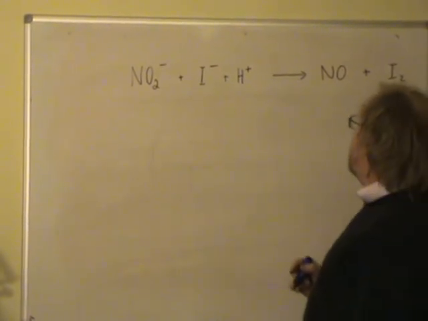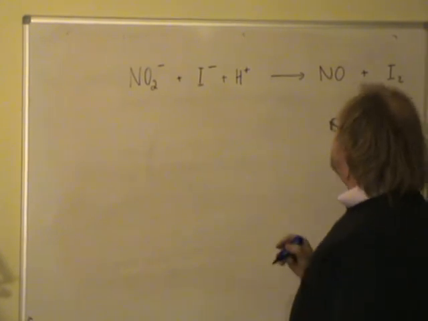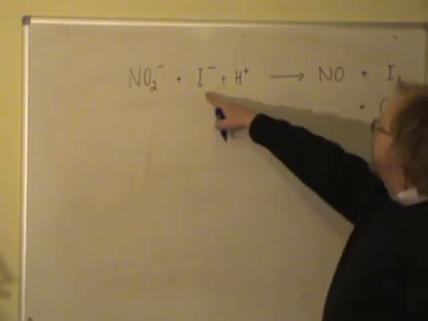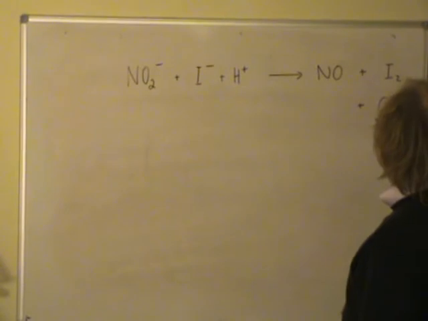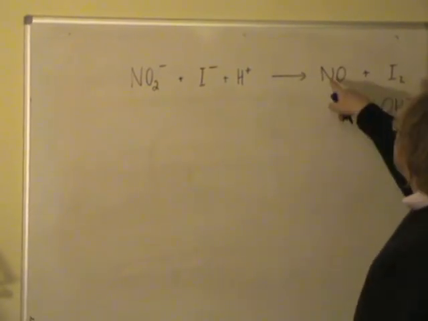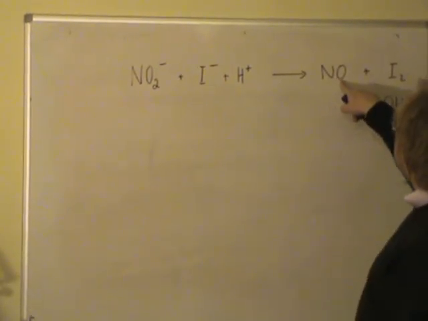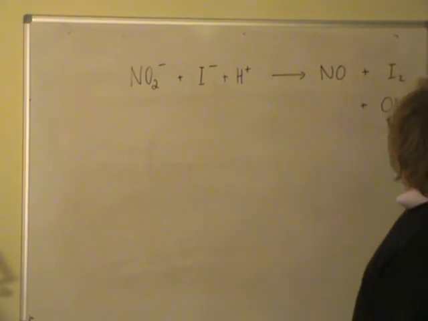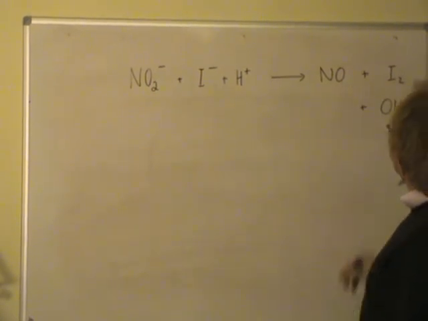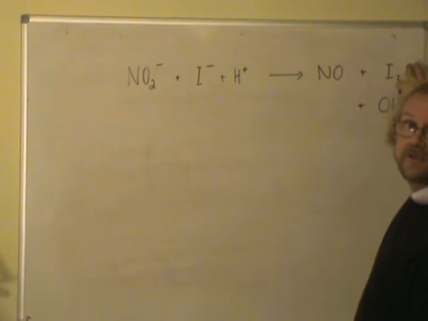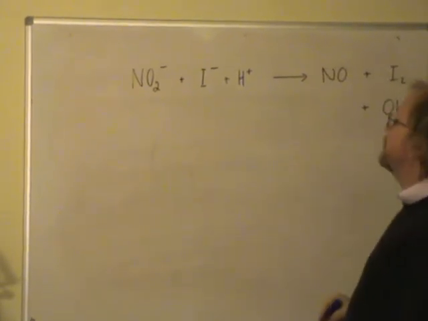The I minus, we've got to get the right number of I minuses to get the charges to balance. So you can see at the moment we've got just one minus on the right hand side. Iodine is neutral, so we don't have to worry about that.